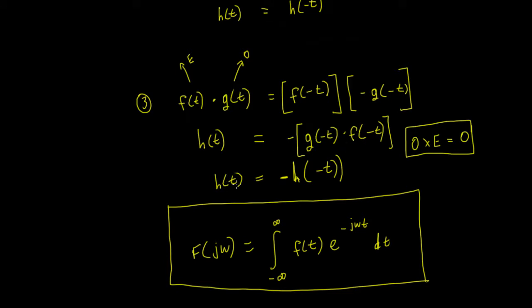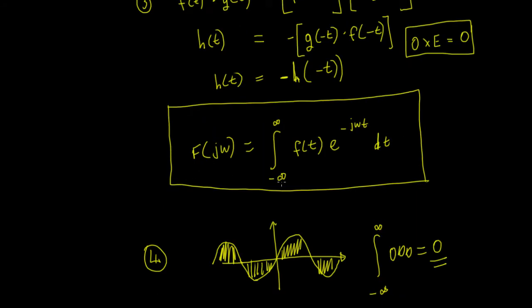That means h of t is minus h of minus t, when we multiply the g and f together to give us our combined function h. That is the definition of an odd function, which you've seen above. So an odd times an even would give you an odd function.